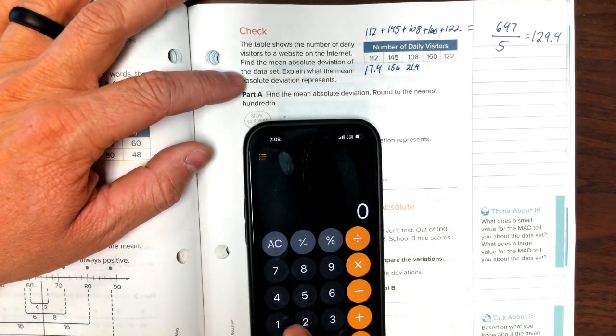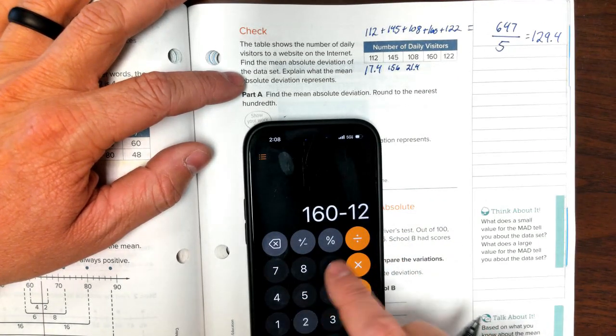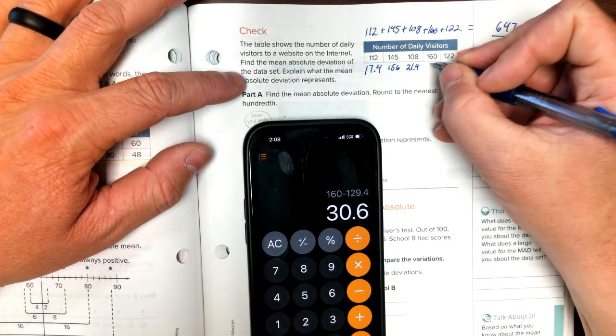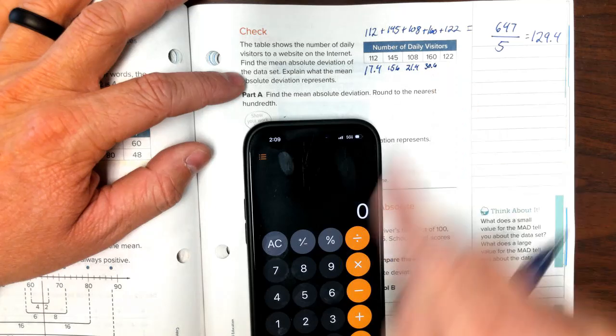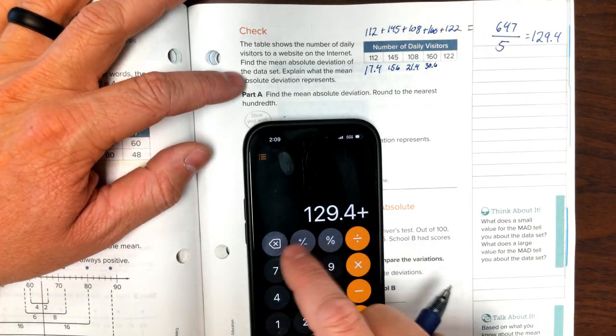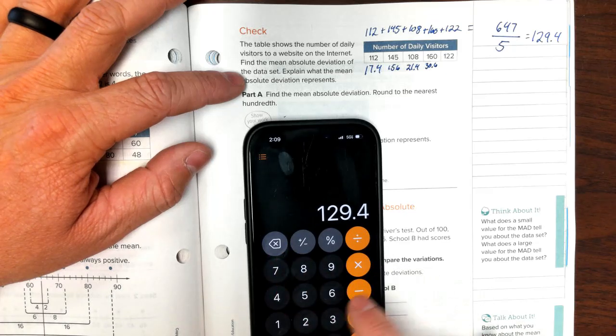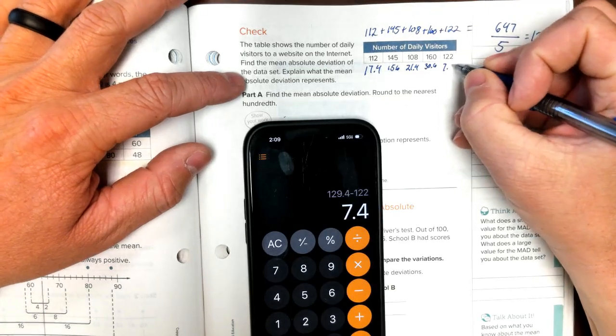This one is 160 minus 129.4. So this one's 30.6. This one, 129.4 minus 122. So this one is 7.4.